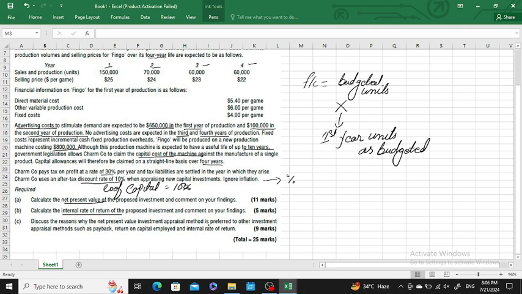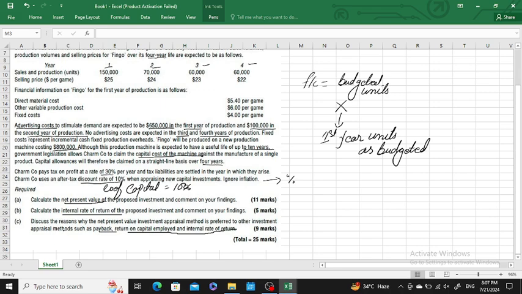In part number C, discuss the reasons why the net present value of the investment project is preferred to other investment appraisals such as payback, return on capital employed and accounting rate of return. You have to discuss why you always consider discounted cash flow instead of non-discounted cash flow, because non-discounted cash flow does not consider the time value of money.